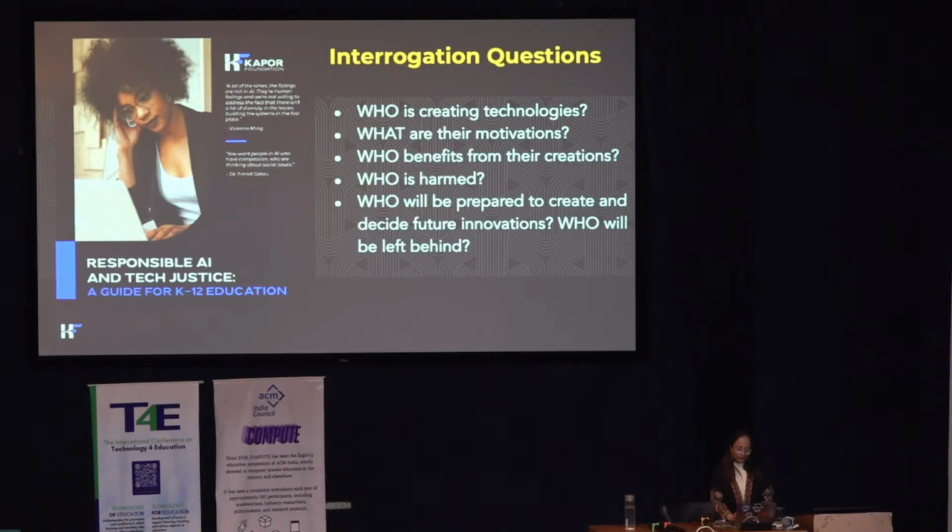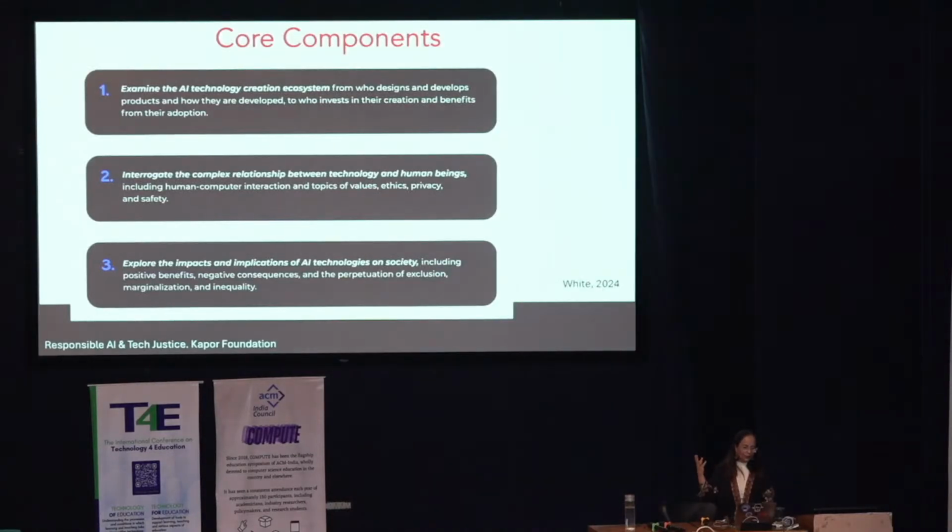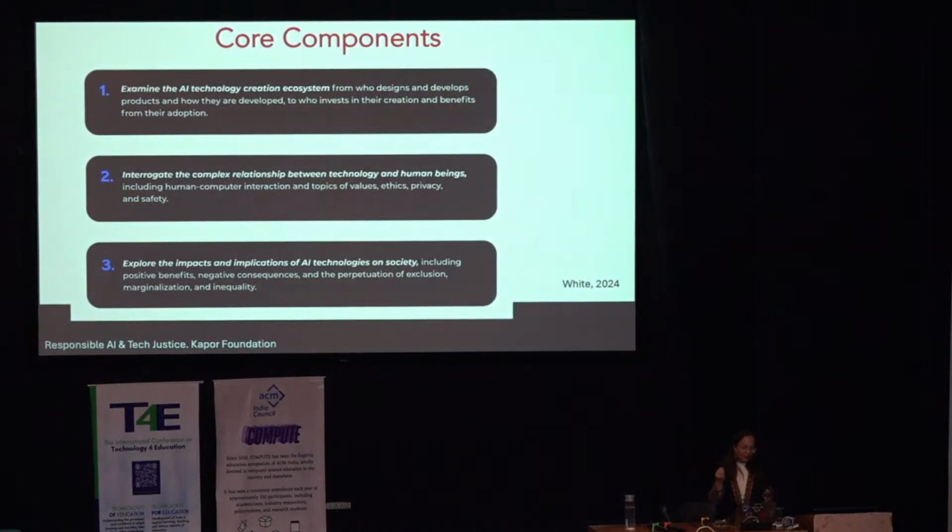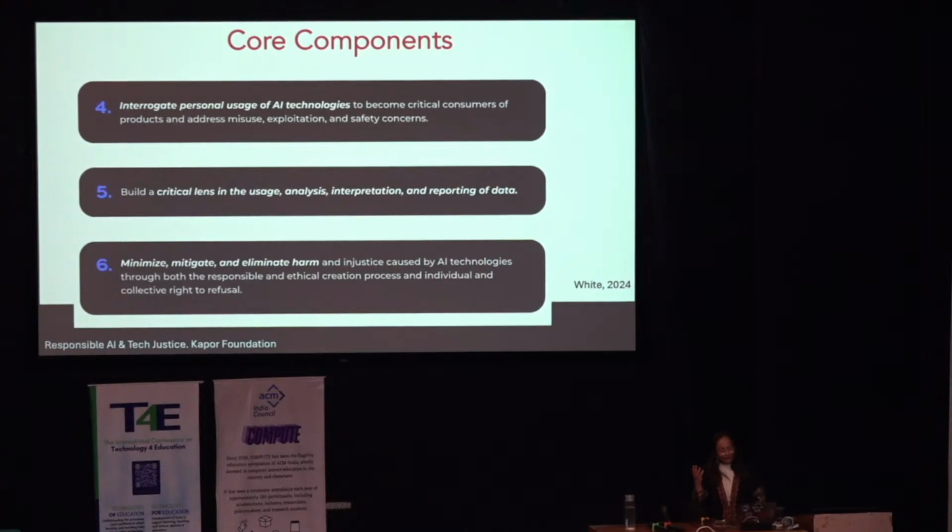And there's this responsible AI and tech justice guide from the Kapor Foundation that has as its core components an examination of AI technology and the creation ecosystem. For example, Timnit Gebru's experience is a case study in how big tech reacts to those who come in the way of their mission. So it's a critical lens on all of this technology creation, and on how finally to mitigate and eliminate harm.